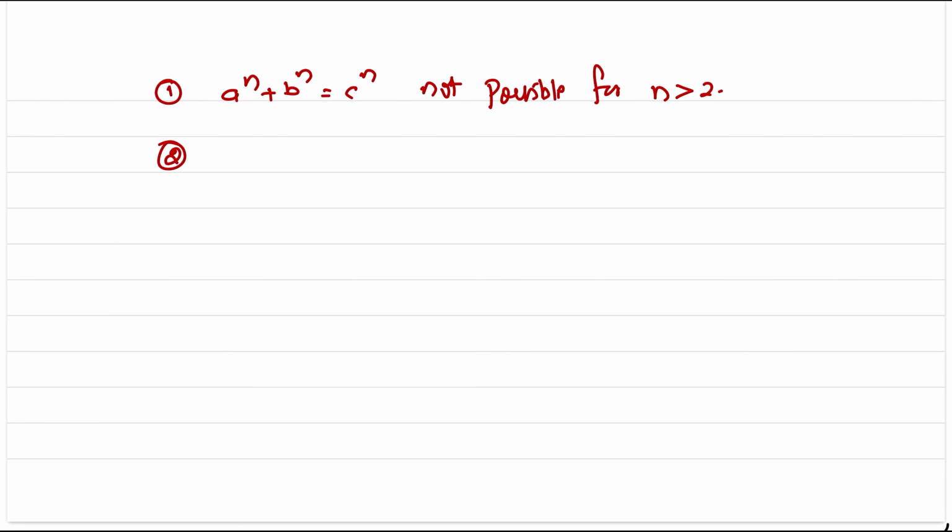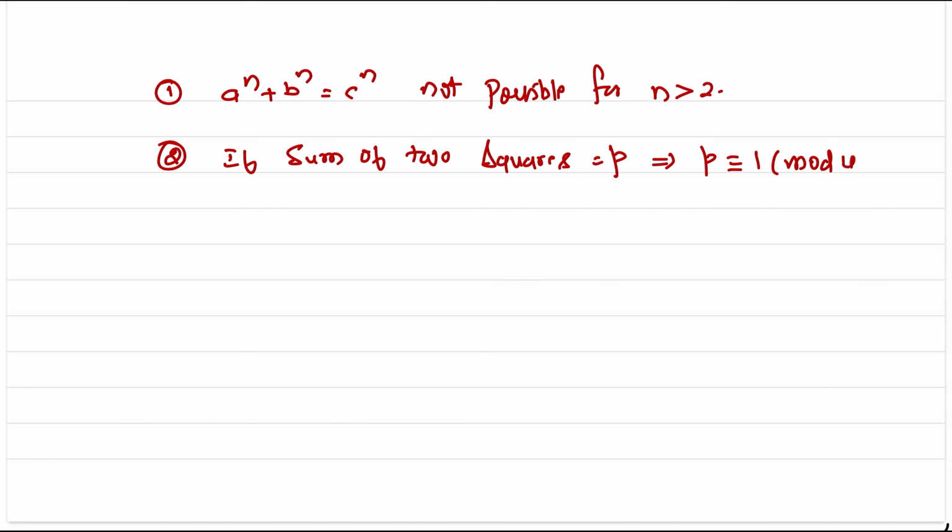And another thing is sum of two squares. If sum of two squares is equal to p, that is a prime number, p equivalent to 1 mod 4. This also we have used, and we have used another one also, identity congruence.